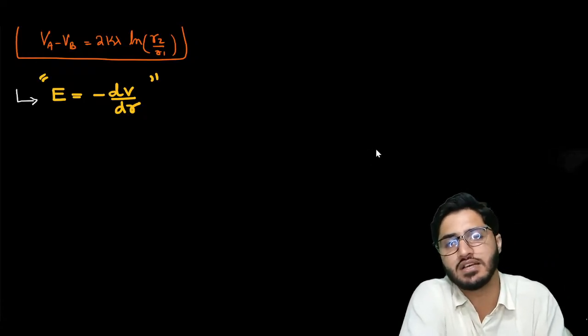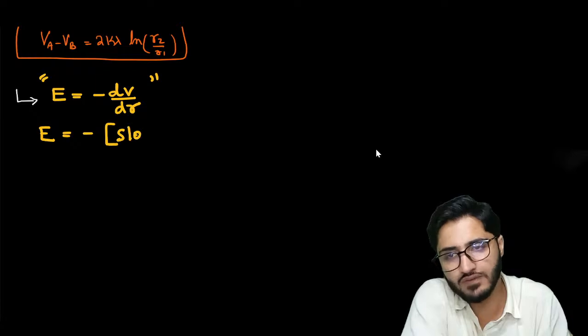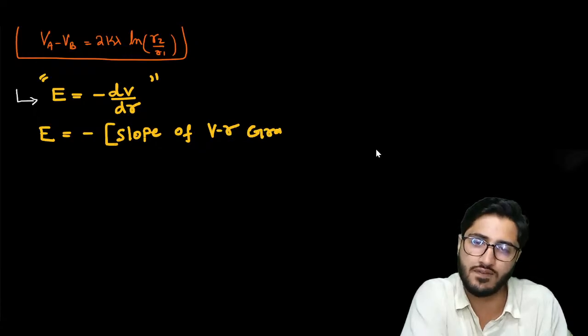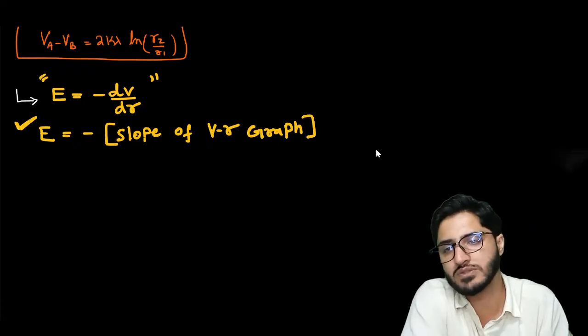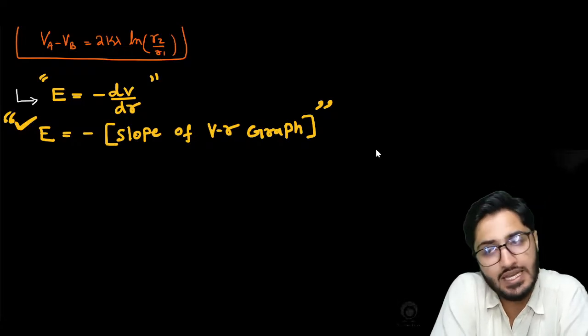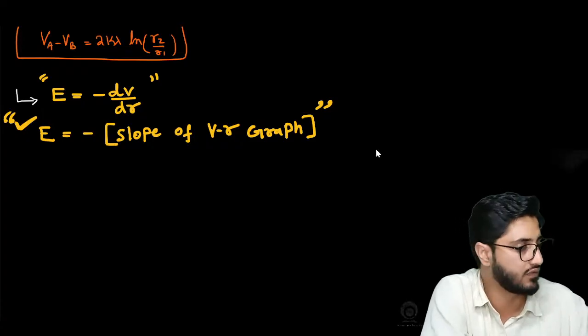It is the slope of the VR curve or VR graph. Remember this one. So E is minus the slope of the VR graph.